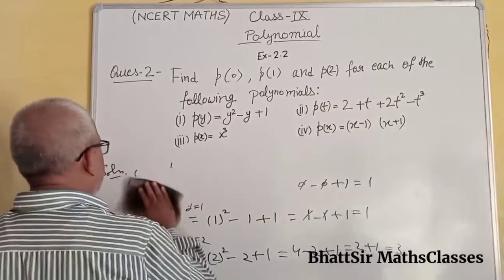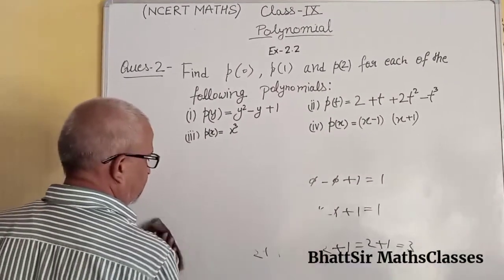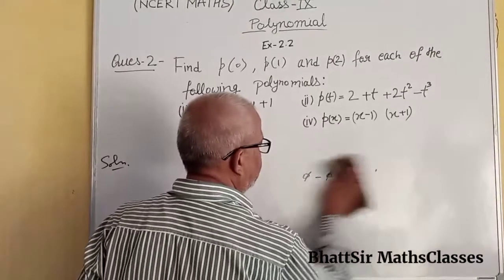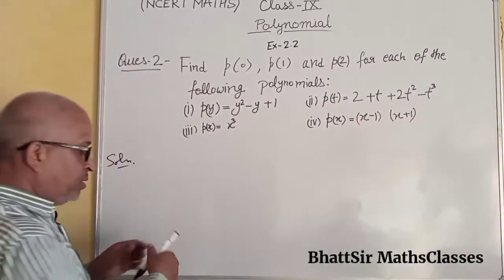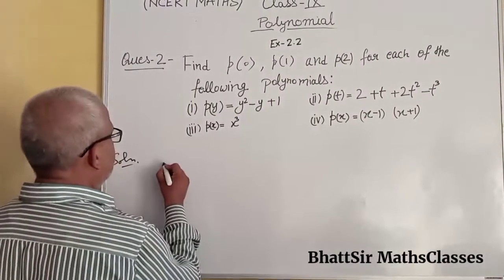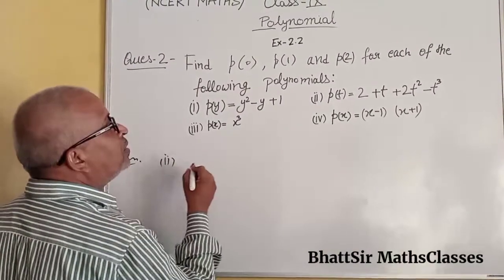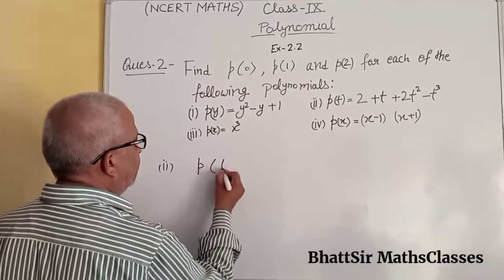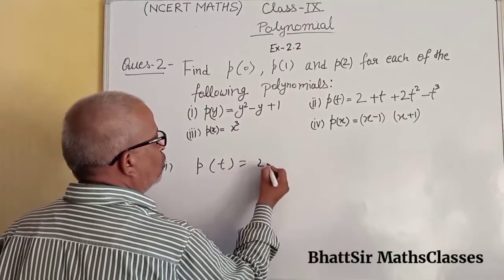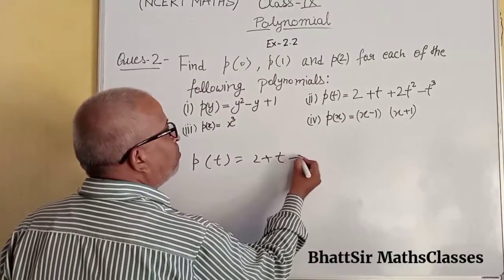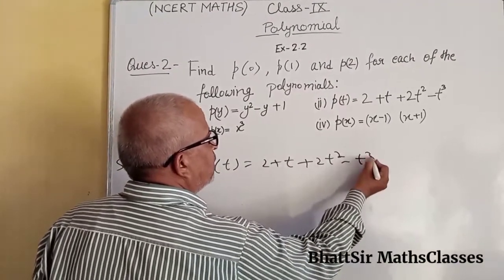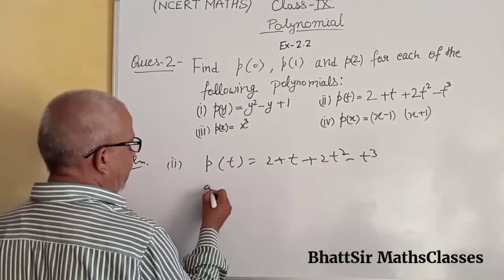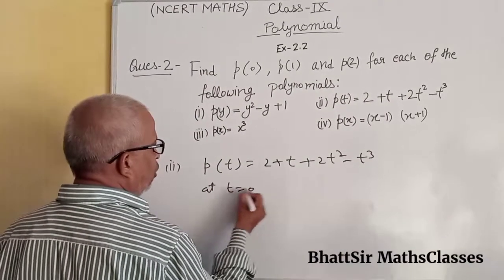I am continuing with the second part. P(t) equal to 2 plus t plus 2t square minus t cube at t equal to 0.